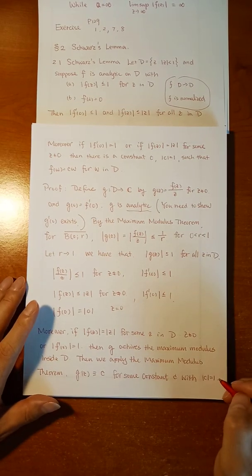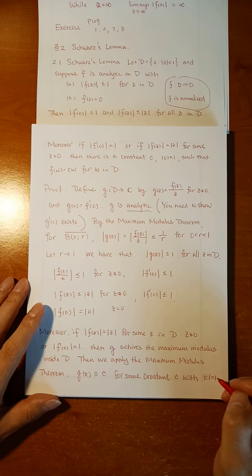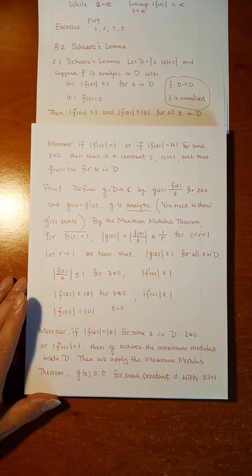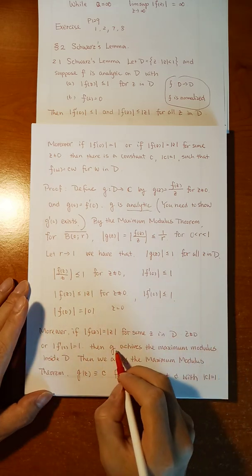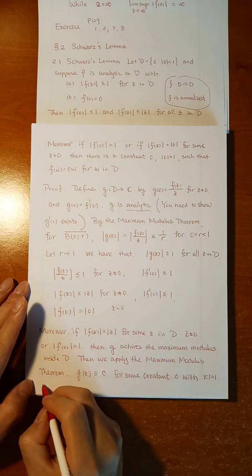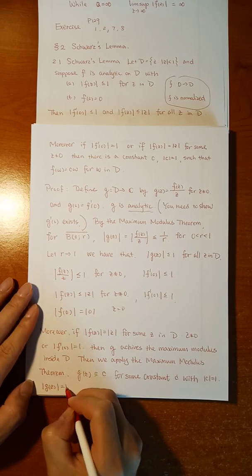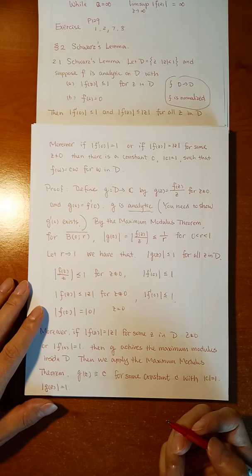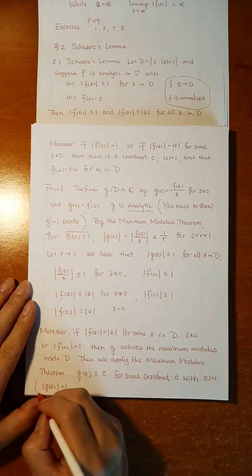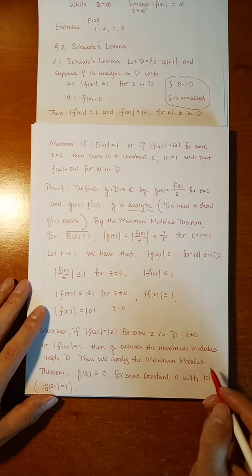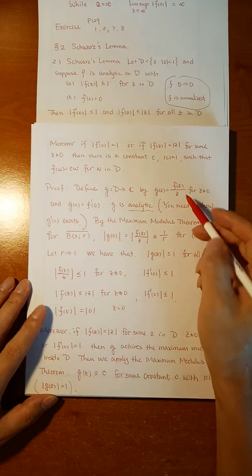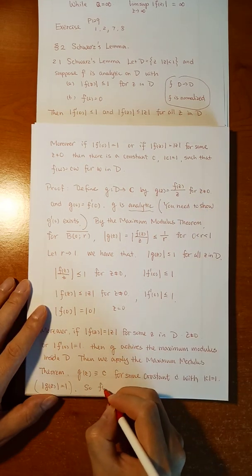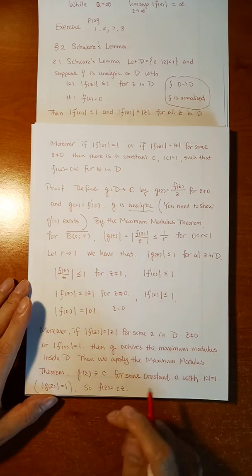The absolute value of c has to be 1. Why is the absolute value of c equal to 1? Because you see, if it achieves the maximum modulus, the absolute value of g of z is equal to 1. g of z is c, so the absolute value of c is equal to 1, right? Okay, so that's the reason. And this g of z is equal to c, then so f of z is equal to c times z, and that's a rotation.